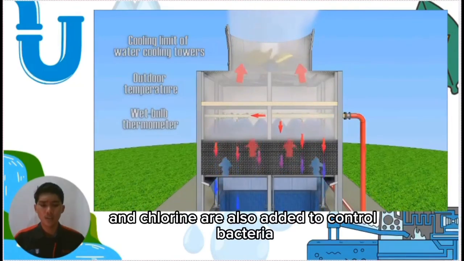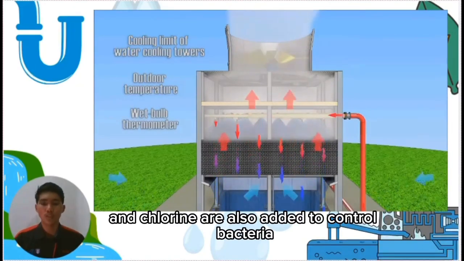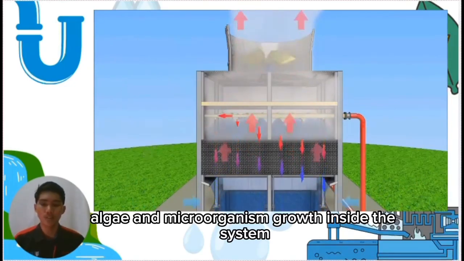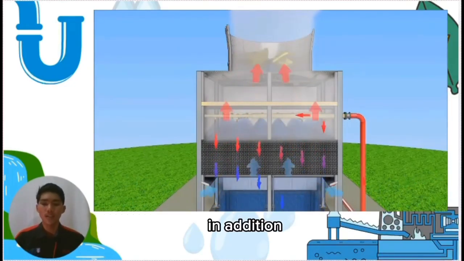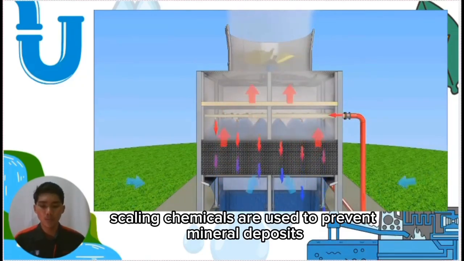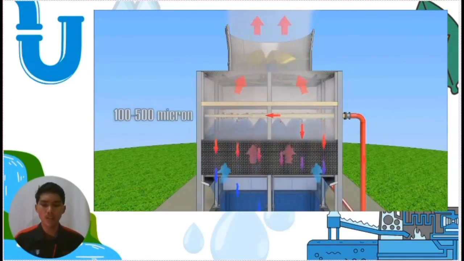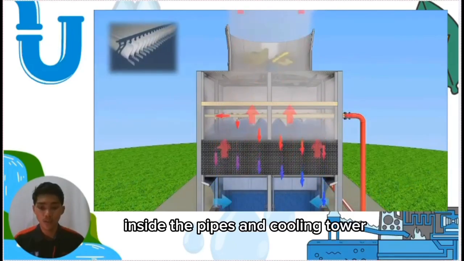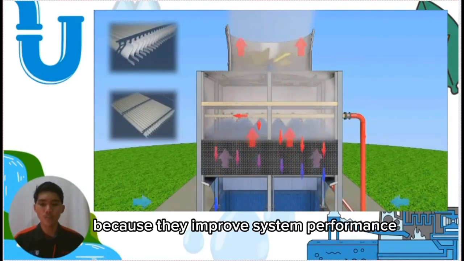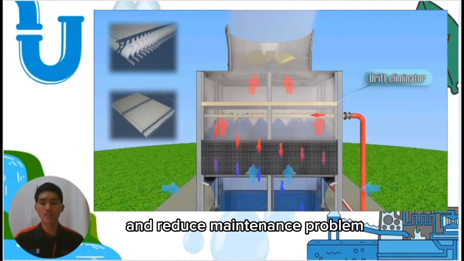Biocides and chlorine are also added to control bacteria, algae, and microorganism growth inside the system. In addition, anti-scaling chemicals are used to prevent mineral deposits from forming inside the pipes and cooling tower. These chemicals are important because they improve system performance and reduce maintenance problem.